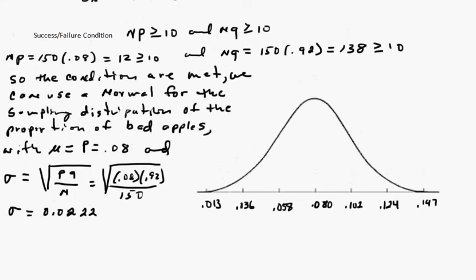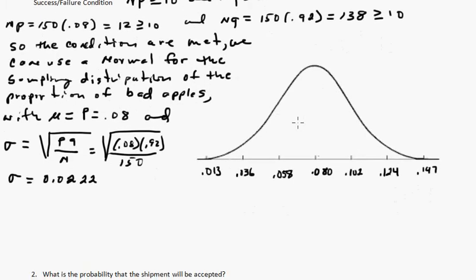If a truck came in, we would expect the percent of bad apples to range between here. Now, what do I mean by here?